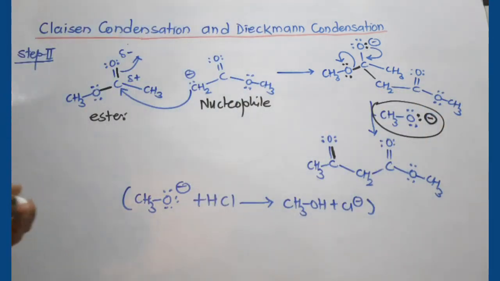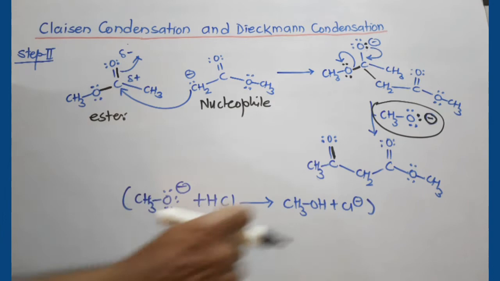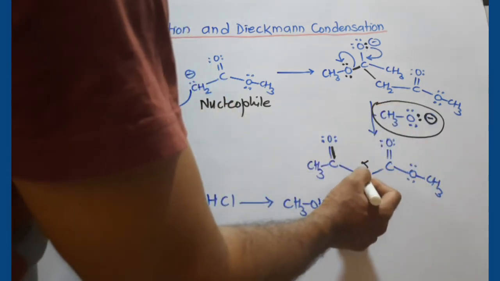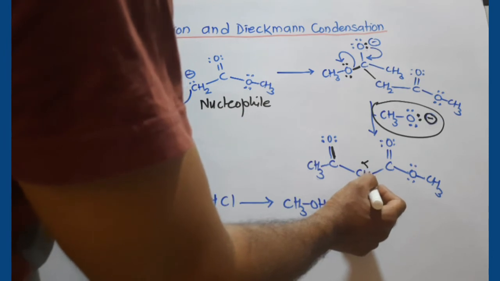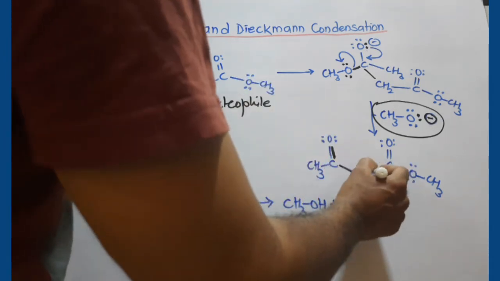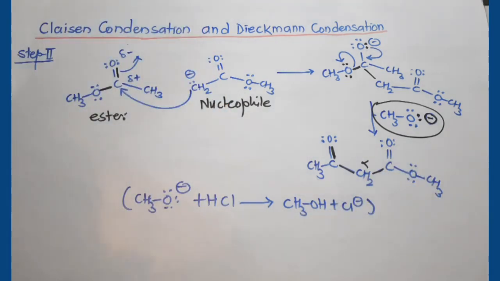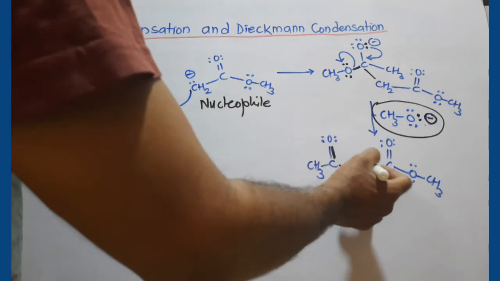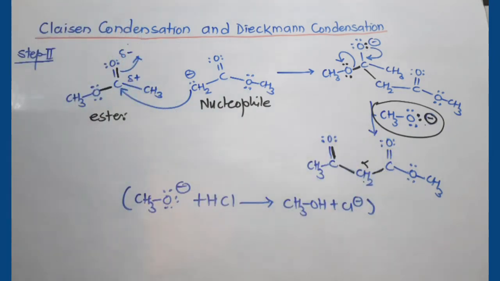In the next step, this base may remove this alpha hydrogen, because there are still 2 alpha hydrogens and it is more acidic as compared to this one, because it is now sandwiched between 2 electron withdrawing groups. So it is more acidic. So very soon this will remove this and form a carbanion, and that will undergo resonance.